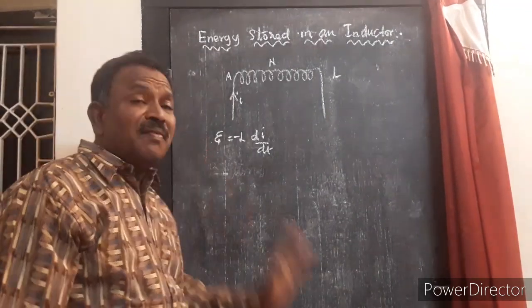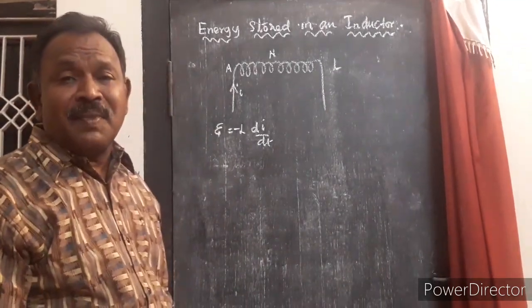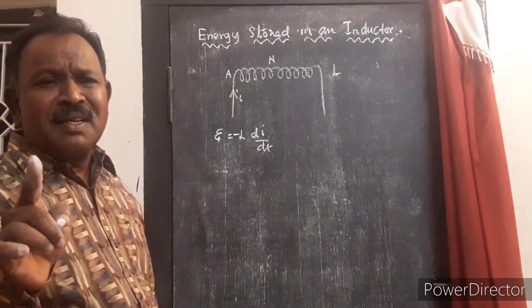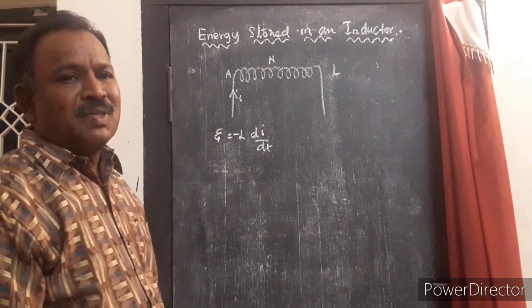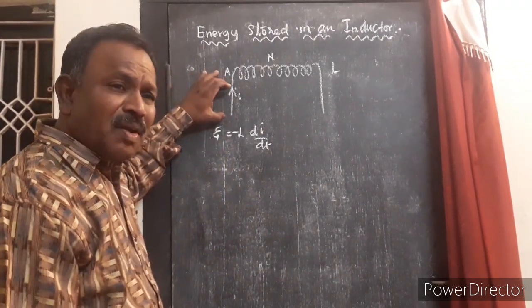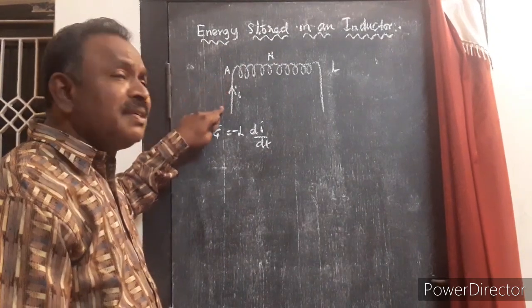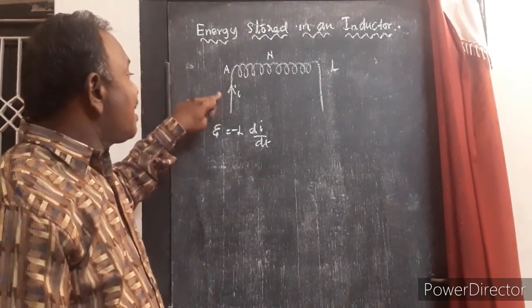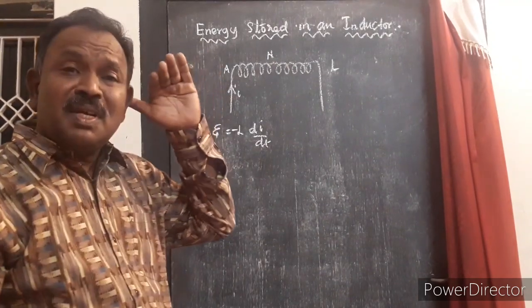So what is the work of this induced EMF? It opposes the change. It opposes the increase in the current in the solenoid or the decrease of the current in the solenoid. Whenever current is increasing, it opposes the increase.